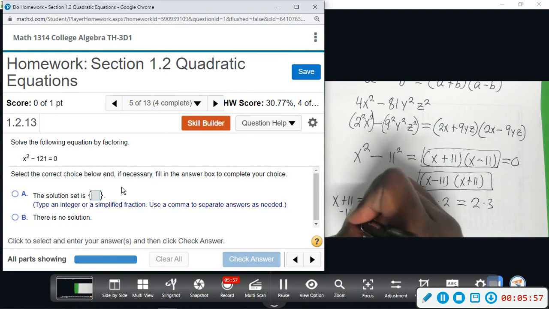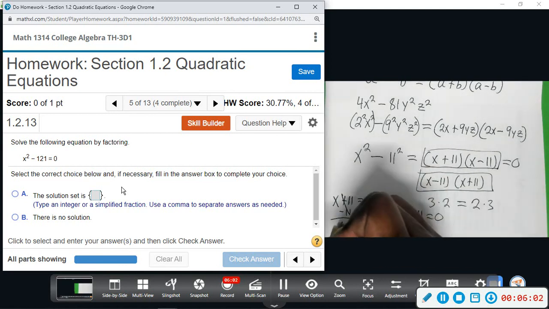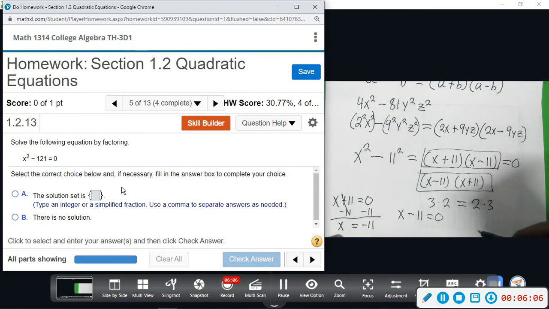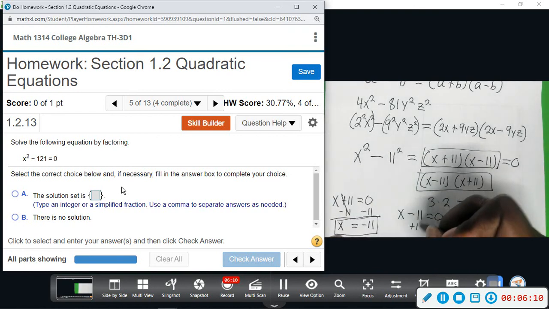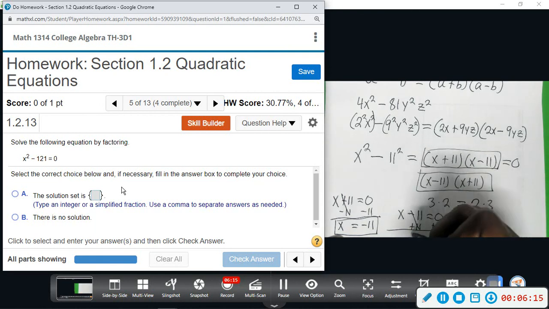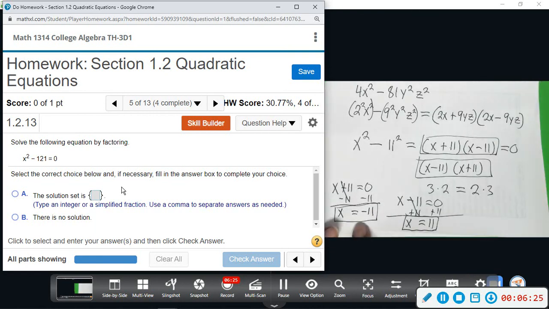Subtract 11 from both sides here, and that gives us x equals negative 11. Over here we add 11 to both sides, and that gives us x equals positive 11. So our two answers are negative 11 and positive 11. Sorry, that's kind of off the screen. Negative and positive 11.